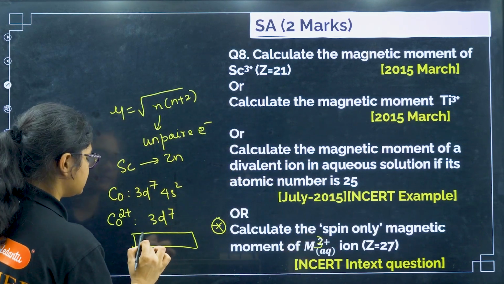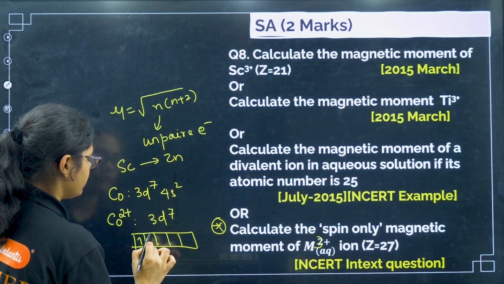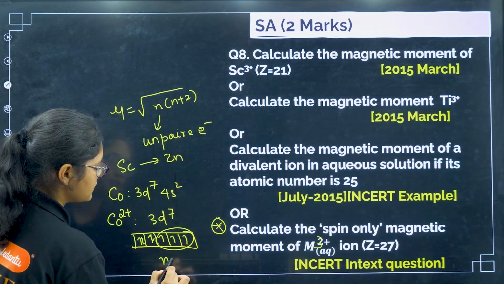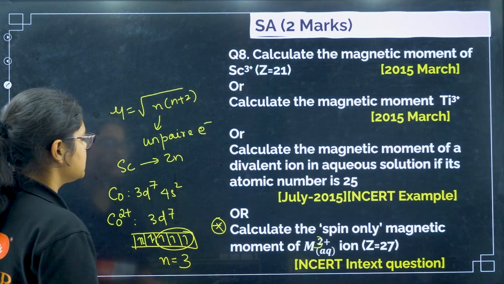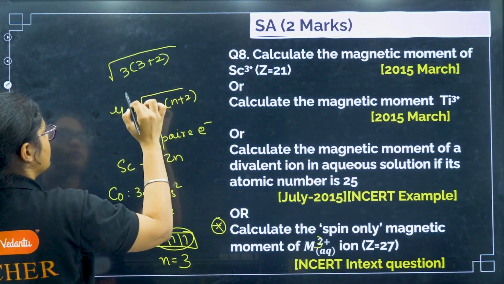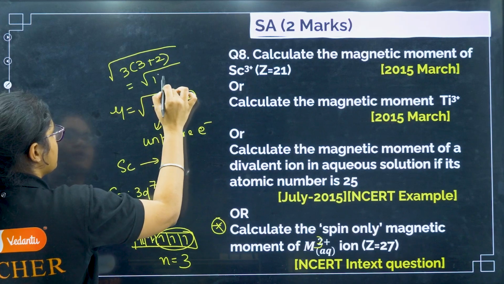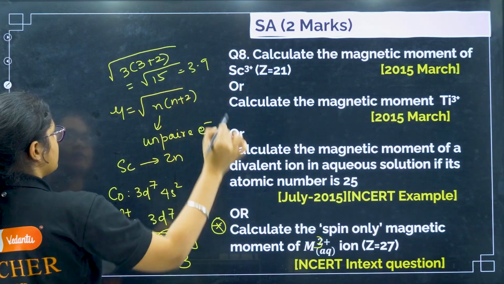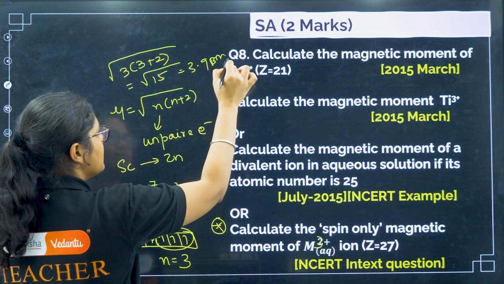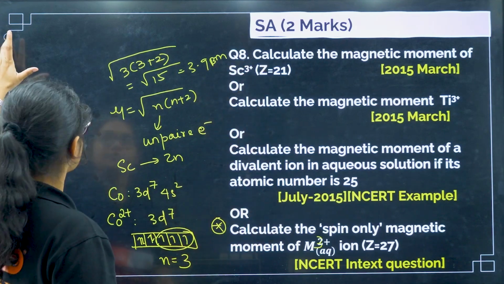If I draw 3d7, 1 2 3 4 5 6 and 7, the number of unpaired electrons is 3. So what is the magnetic moment formula? 3 into 3 plus 2, that is root over 15. You will get somewhere around 3.9 Bohr magneton. BM is also the unit you should mention. Like that you can do the other questions.